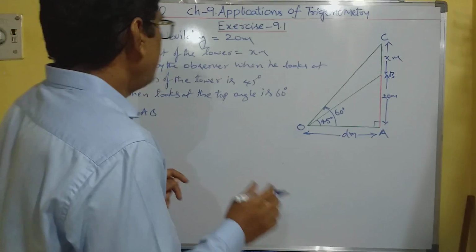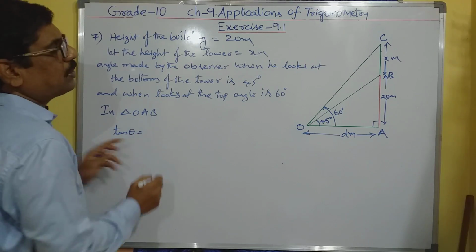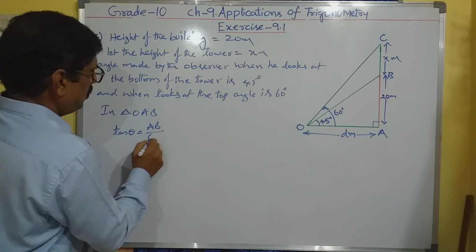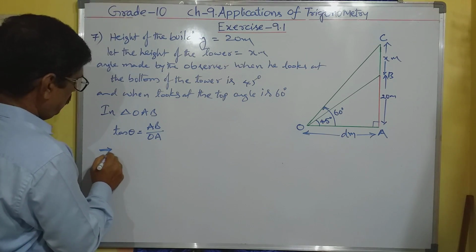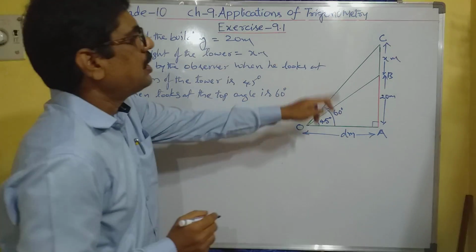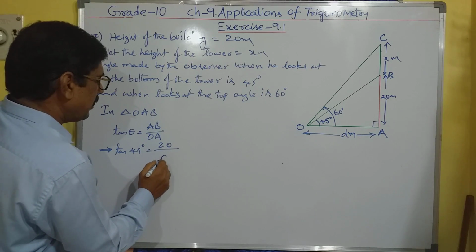Okay, now I will take tan theta. What is tan theta in triangle OAB? AB by OA. So what is the angle given? Theta is equal to 45 degrees, so tan 45 is equal to AB value 20 by OA value, which I have taken as d.